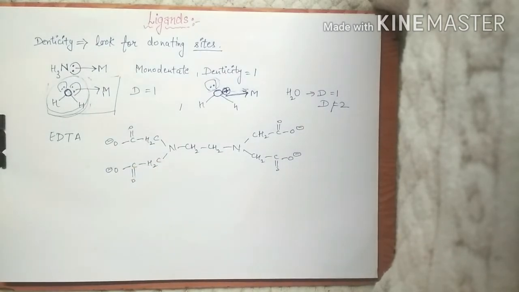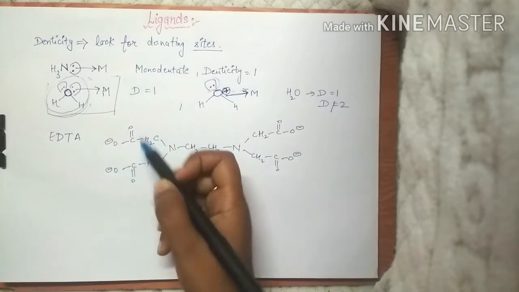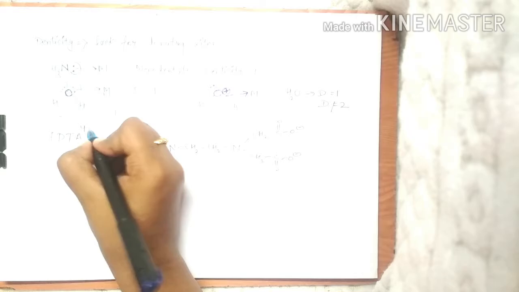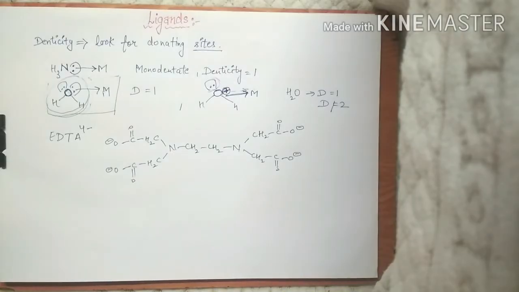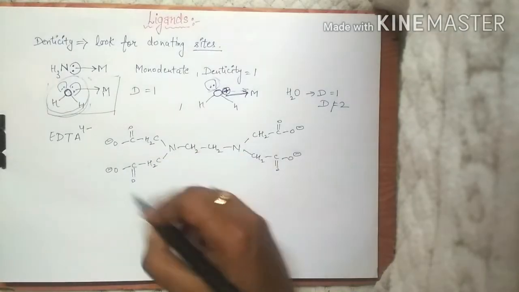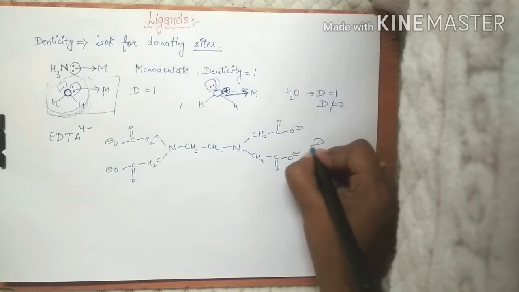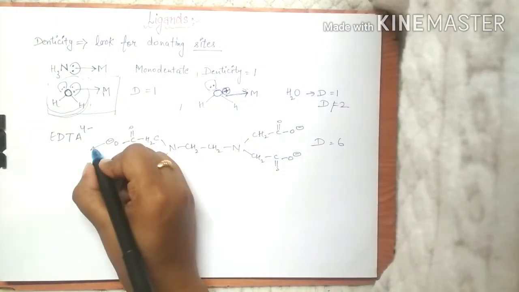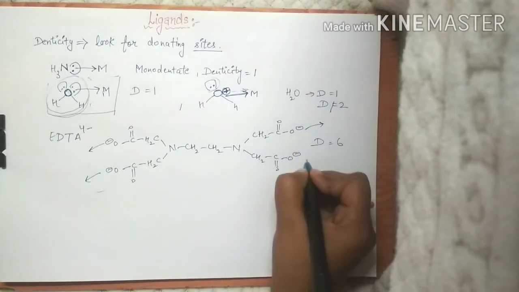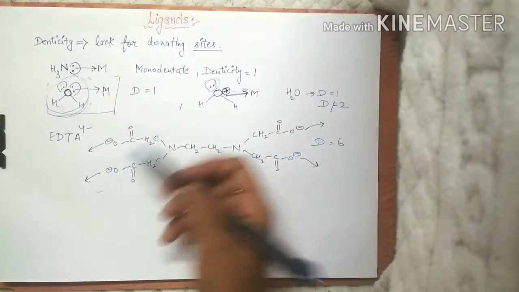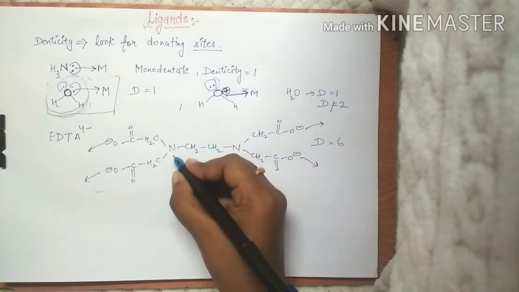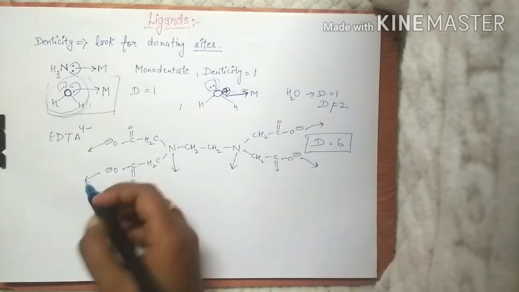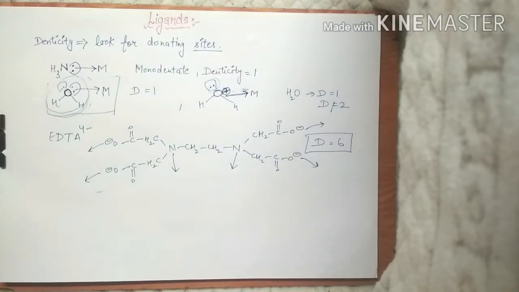This is EDTA, and if we look at the total charge on this EDTA ligand, it is 4 negative. If we talk about denticity, the maximum denticity which this ligand can show is 6. 1, 2, 3, 4: 4 donations will be from the oxygen sites and 2 will be from the nitrogen sites. So total denticity for EDTA 4 negative is 6.